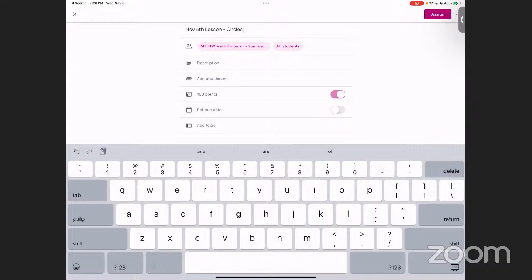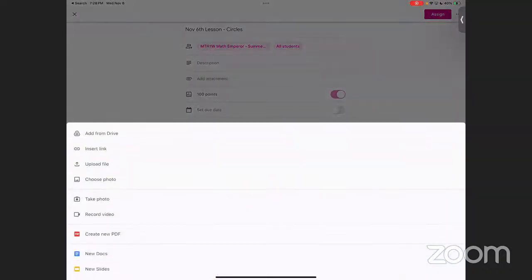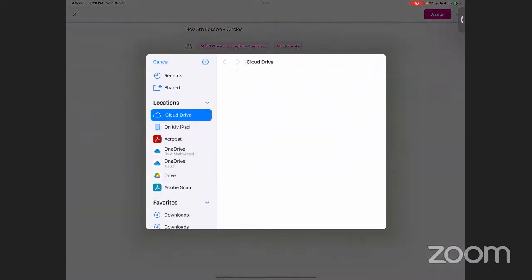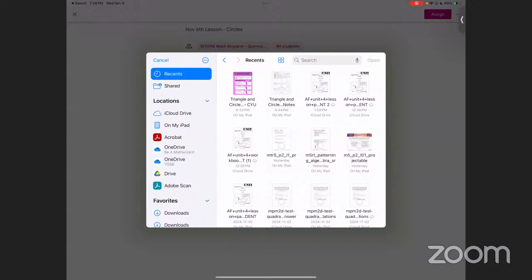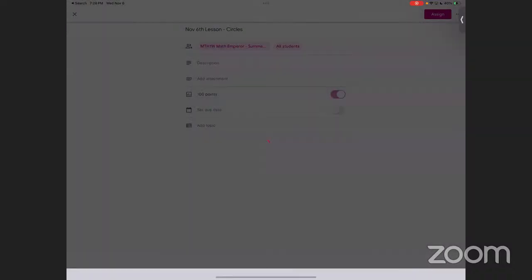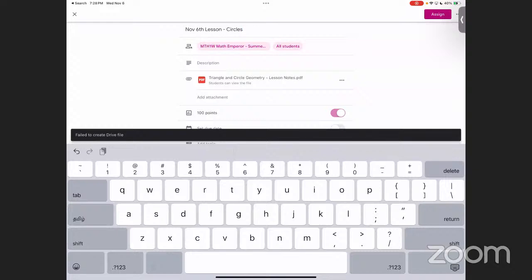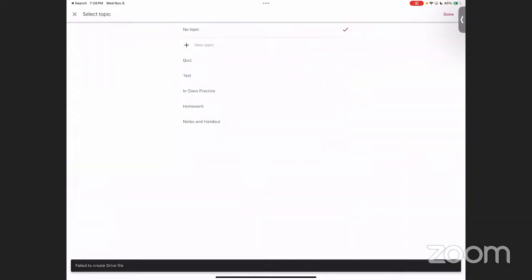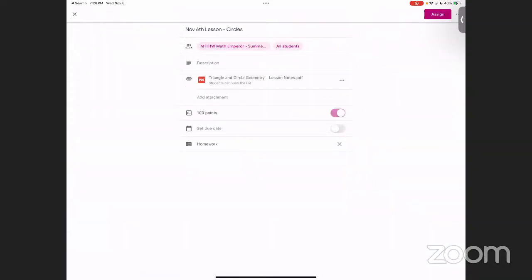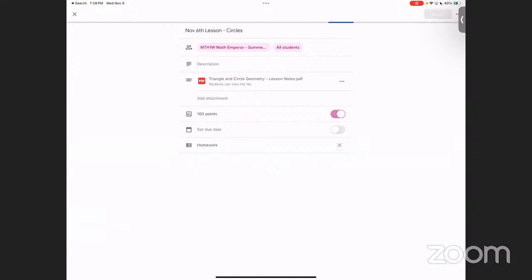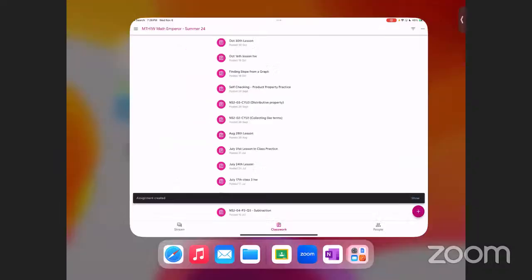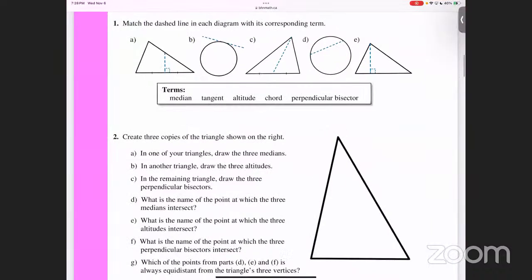All right. So I'm going to upload the file. I do have the handout on triangle and circle open. So you should be able to access those lessons. And that should be my homework and lesson. So that's being done. We're not done yet. There's a lot to work on. Any question that I didn't do, you guys are going to work on.